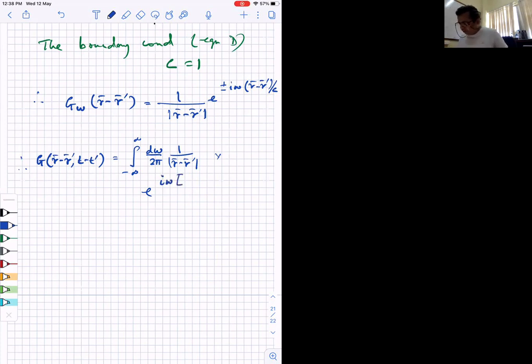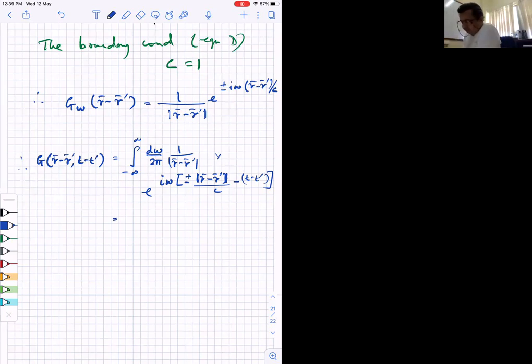Then that is plus minus mod r minus r prime by c minus t minus t prime. Sir, it's actually mod r minus r prime. Ah, that's right. When I wrote right here, you're right. This is mod. It is not a bracket in that sense.